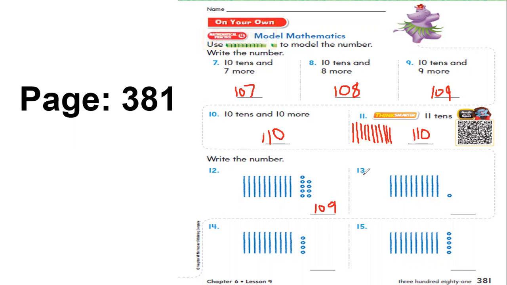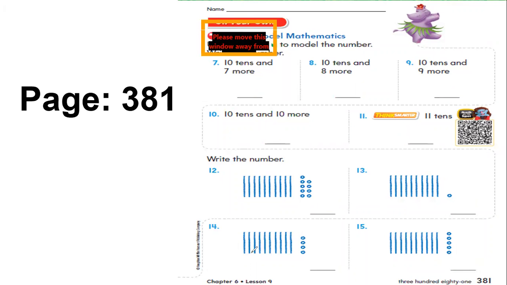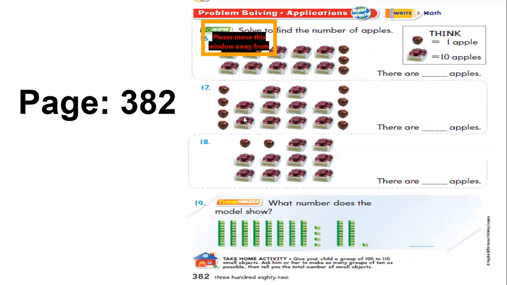Now, question number 13. Now, let's move on to the next page. Page 382. We have solve to find the number of apples.